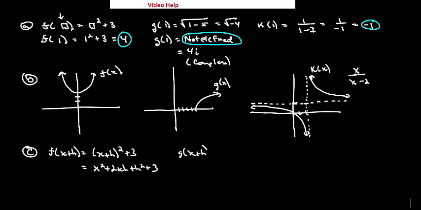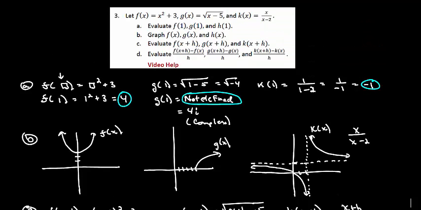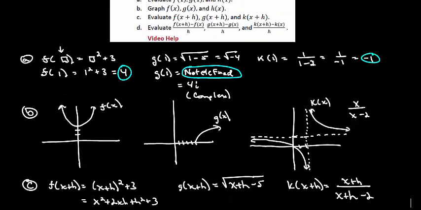G at x plus h is the square root of x plus h minus 5, and there's really not a whole lot that we can do with that guy. And then k at x plus h is x plus h over x plus h minus 2. And the last one asks us to determine the difference quotient for each of these.